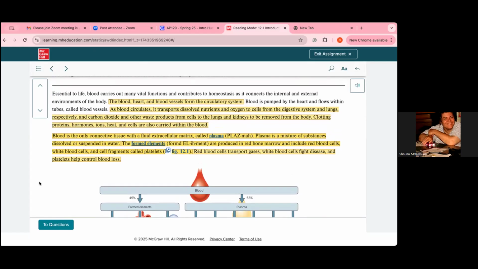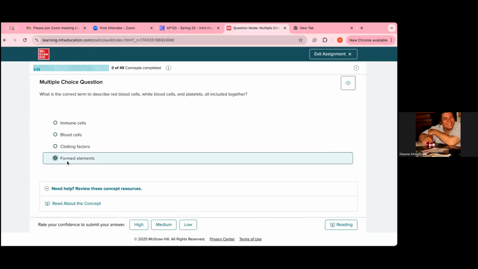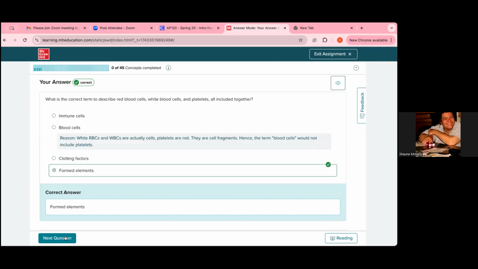That was the previous question. Plasma is a mixture of substances dissolved or suspended in water. The formed elements are produced in red bone marrow. Yeah, so formed elements are red blood cells, white blood cells, and platelets. So yes, the answer is formed element. Okay.